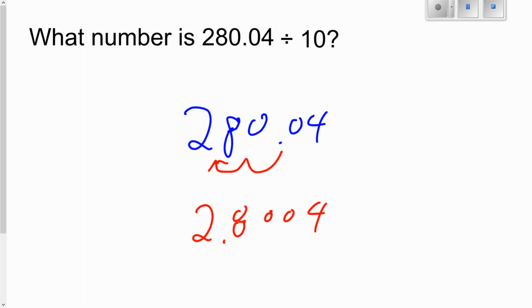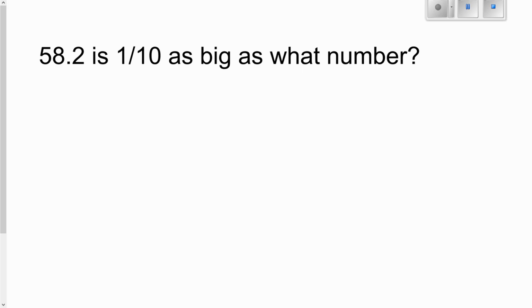All right, we have one technical question left here. 58 and 2/10 is 1/10 as big as what number? This is a hugely confusing question for a lot of students, okay? And again, I'm going to try to do a different video that just talks about the whole idea of 1/10, or 1/100. The point is this, I'm starting with 58 and 2/10, and I want to know that's 1/10 as big as what?